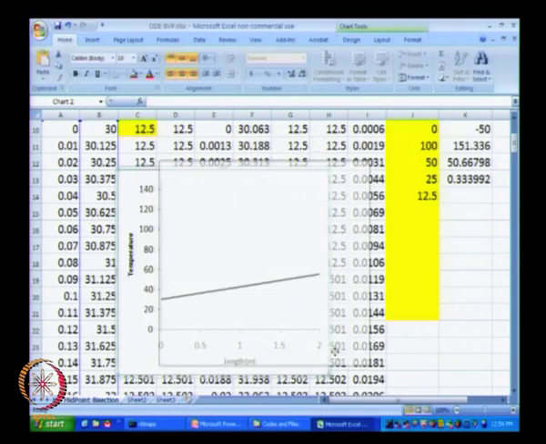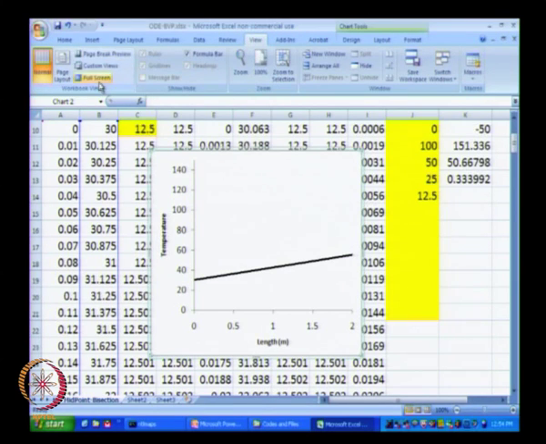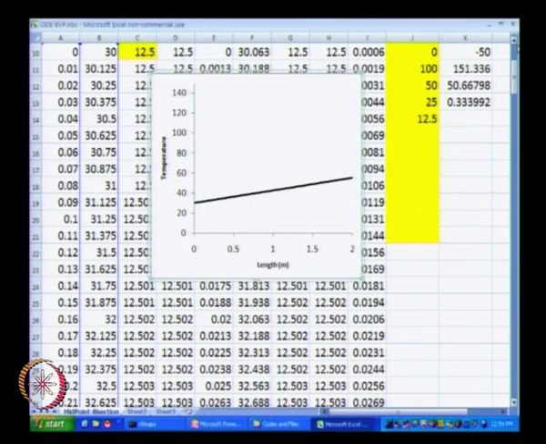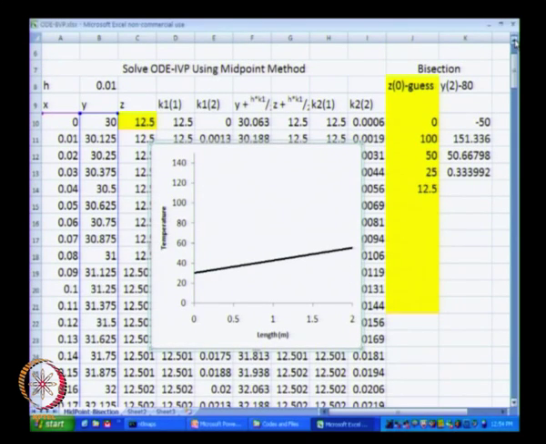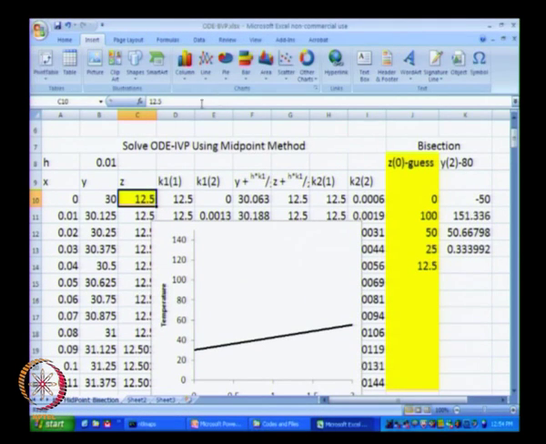Okay. So, now let us go to full screen mode and see what is happening, so that we will get a clearer picture about this. Okay. So, when we took our initial guess as 100, what we want to do is also insert a line.